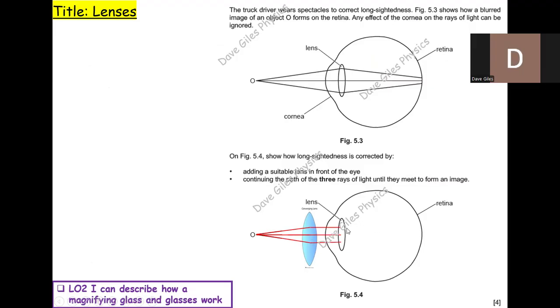And then the lens that's in the eye will then focus it again, change direction here, the rays, and it'll change direction here, and now the image is formed in the correct place. Okay, so that's the second learning objective, describe how magnifying glasses and glasses work.